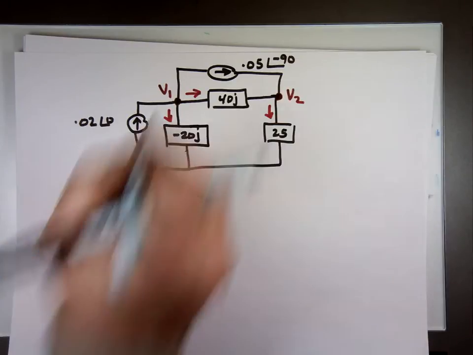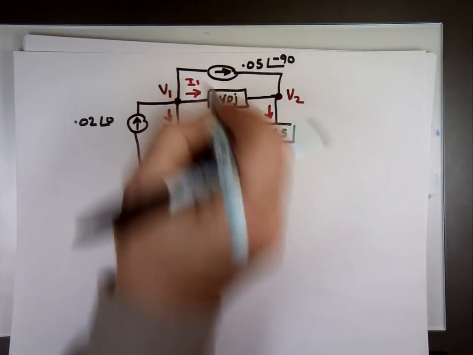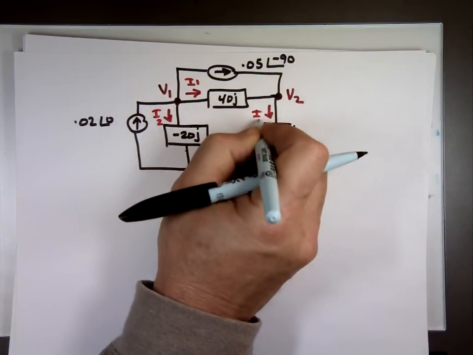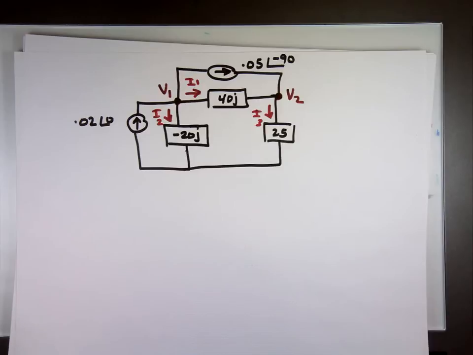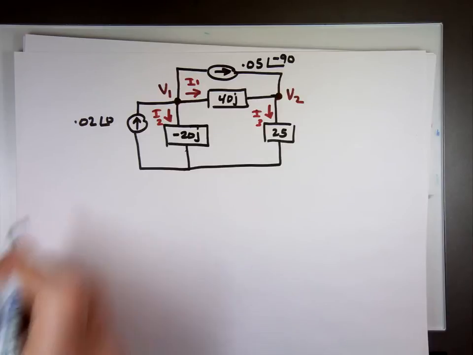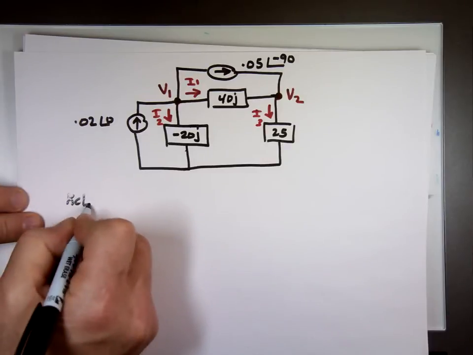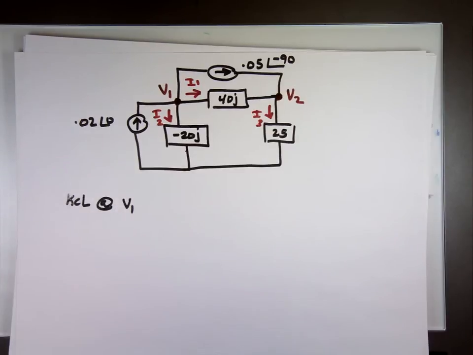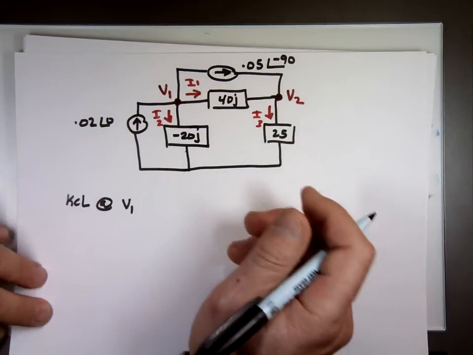Label that I1, I2, I3. KCL at V1. KCL at V1. The current in equals the current out.